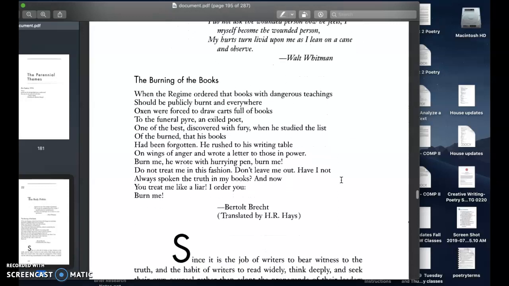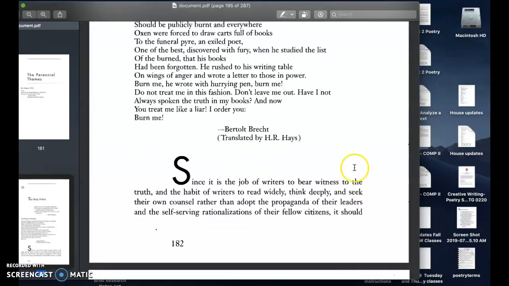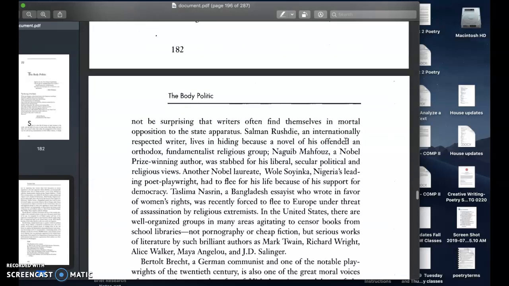We have the burning of books to start us off here as one of the poetry selections he picked. It is the writer's job to bear witness to the truth and to think deeply, to be a critical reader and a critical writer, and seek their own counsel and not adopt the propaganda of leaders, but follow your own intuition.